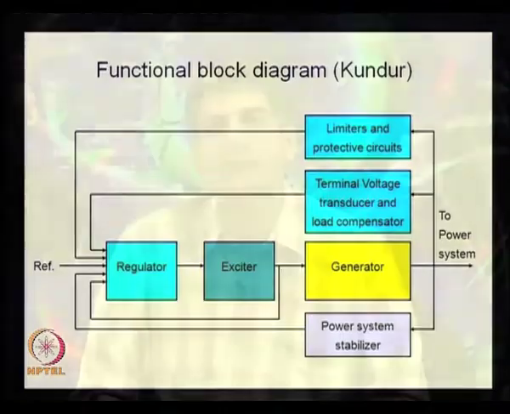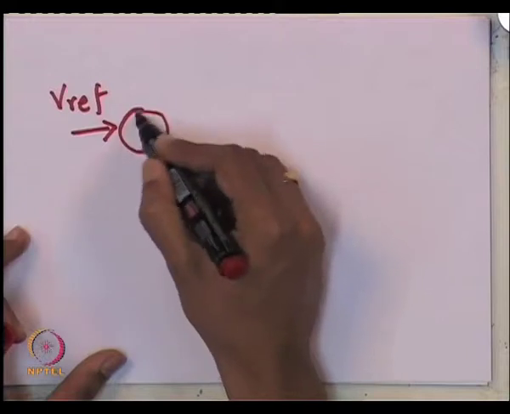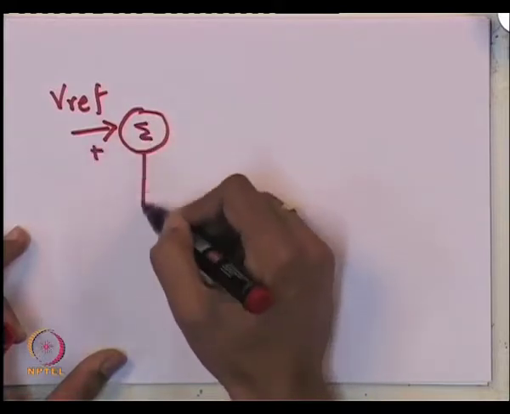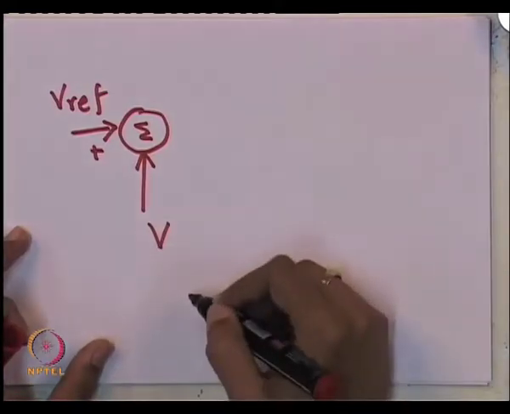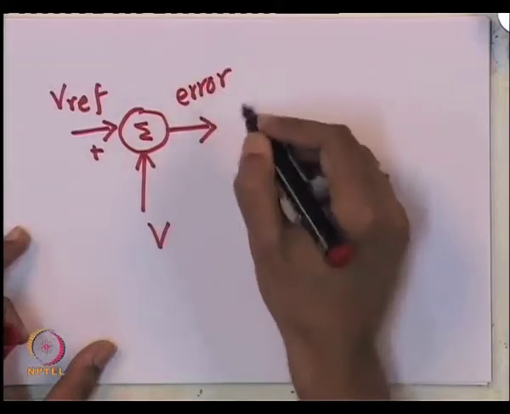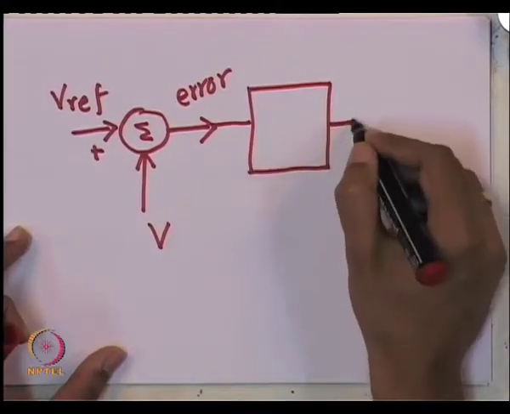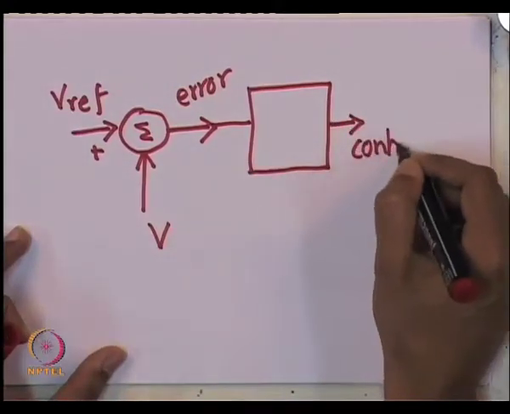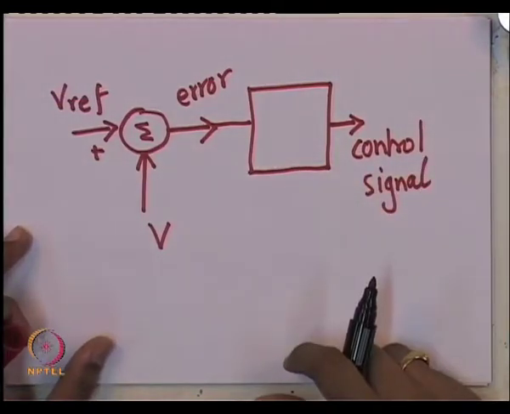The regulation block essentially takes a reference or set point voltage. You compare it with the measured terminal voltage of the synchronous generator, and use this error signal to drive a controller, which in fact gives the control signal which is used by the controlled rectifiers of the excitation power apparatus.